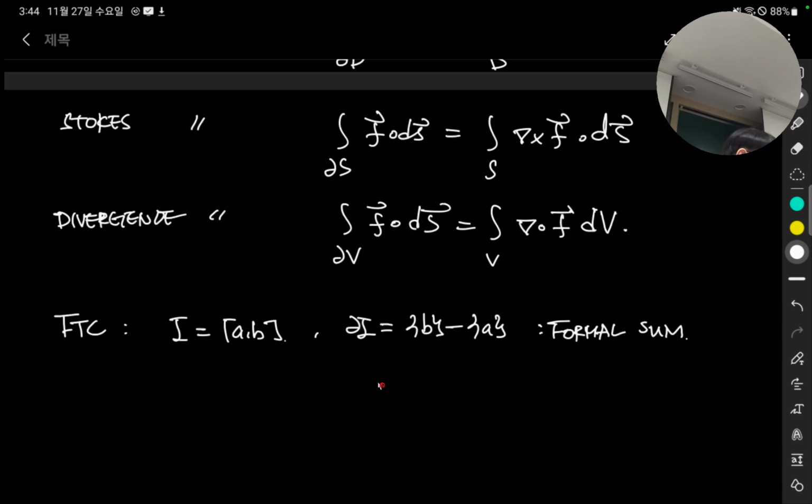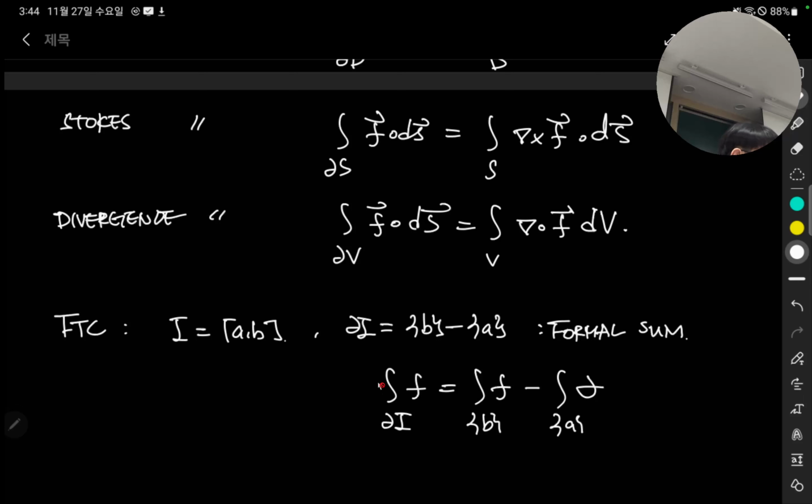So whenever I have this notation of formal sum, it means that if I take the integration on this boundary of some function, I'm taking a set with a positive sign with a positive integration, and a minus sign with a minus integration.